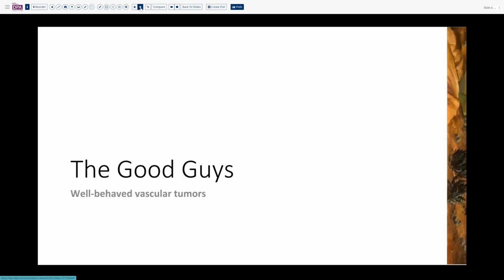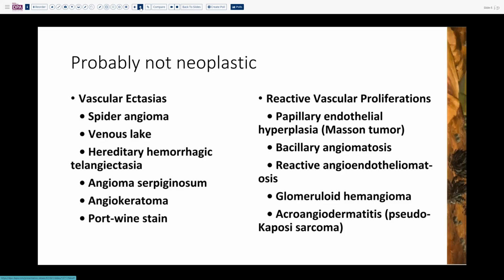Okay, so what are the good guys? These are the ones that are not going to give you recurrences, not going to give you nightmares worrying about them afterwards. So there are first these ones that we generally consider to be not neoplastic, that are either mechanical ectatic things. I guess even hemorrhoids would fit into this category, and they have these names and occur in various locations.